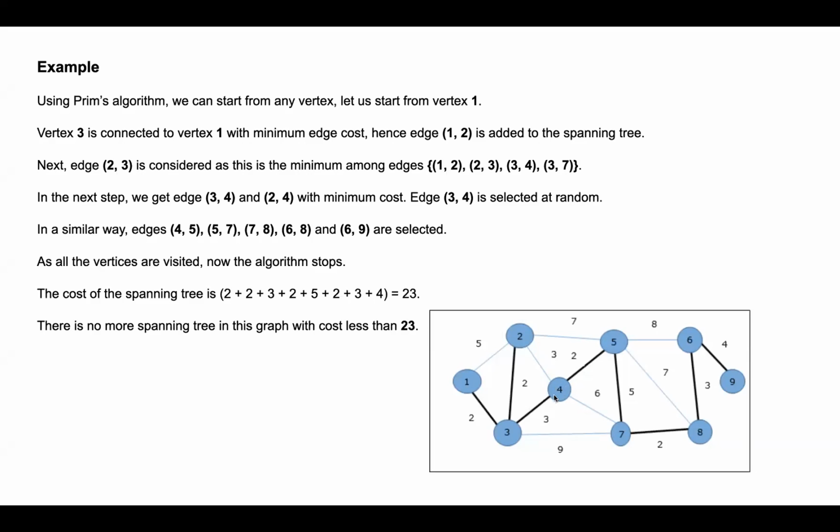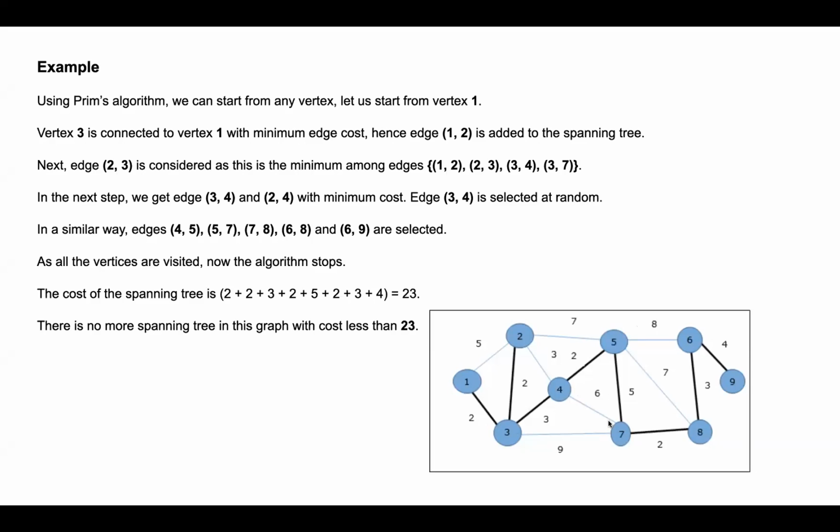Therefore we went 4 to 5. So we have 1 to 3, 3 to 2, then 3 to 4 randomly, and from 4, 4 to 5 having the minimum weight. Then we are now here at 4 to 5.